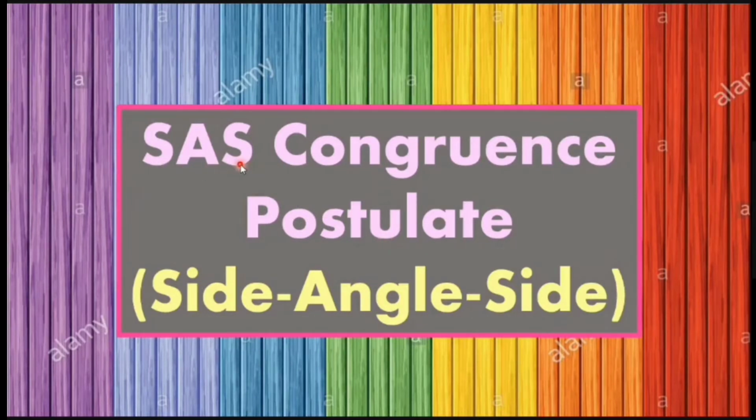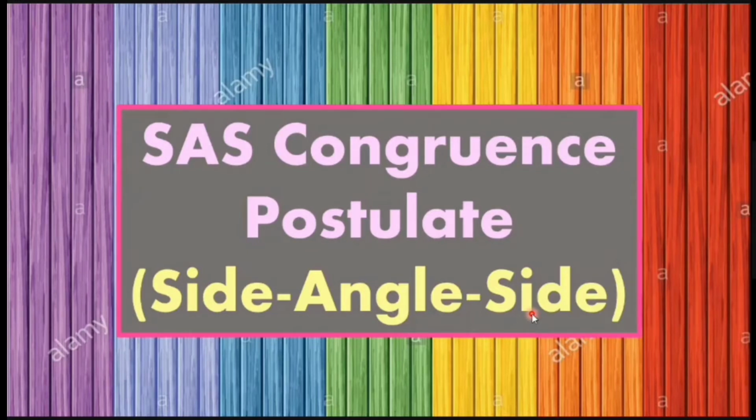SAS here stands for side, angle, side. So obviously, just like the SSS congruence postulate, there should be three pairs of corresponding parts between the two triangles that should be congruent before we can say that the two triangles are really congruent.